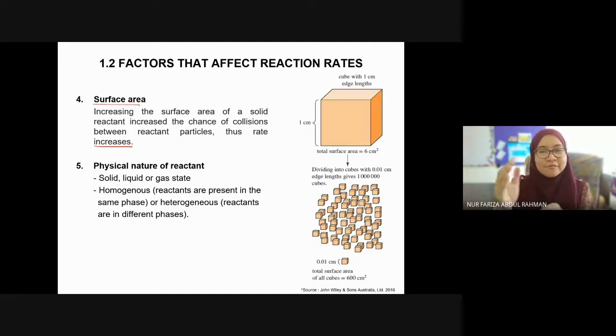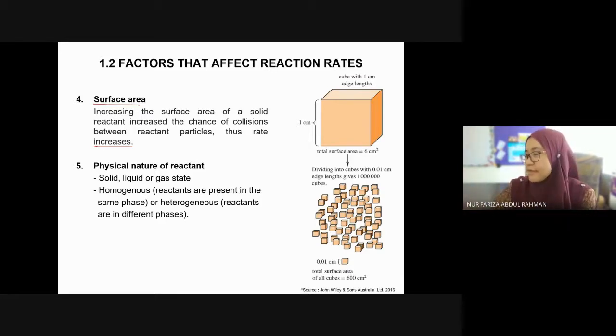So kenapa yang bulat ni dia punya boiling point rendah compared to the longer version of the same molecular formula but different structural formula? It's because of the surface area. The larger the surface area, by right, the more intermolecular forces can be formed. The smaller the surface area, dia punya interaction, the intermolecular forces formed are less.